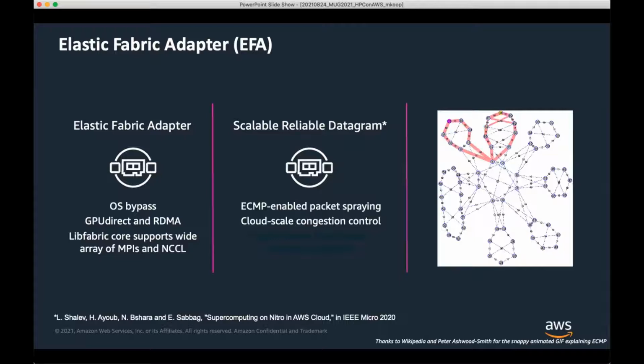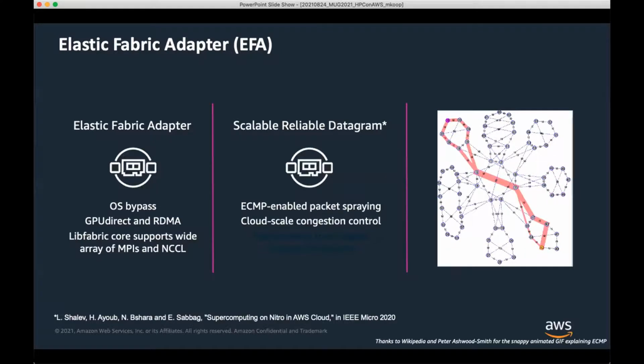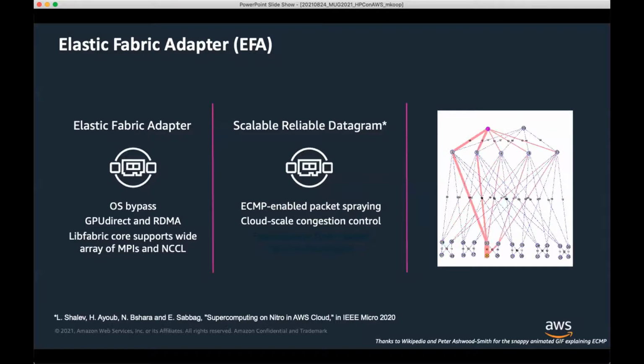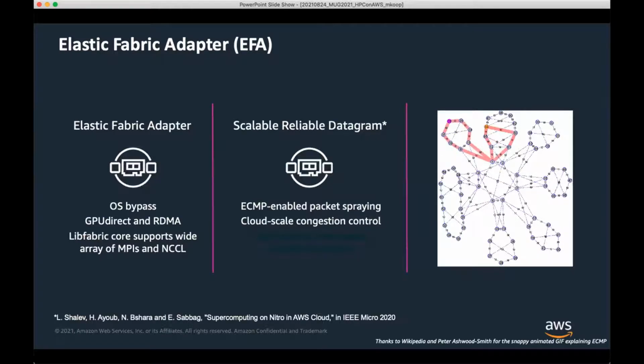If you're really interested, I posted the notice there to the IEEE Micro paper that describes this, but it allows us to make some other trade-offs as to where we provide reliability and that ordering layer, which gives us some flexibility when we implement things like MPI, and MVAPICH has taken advantage of that as well.